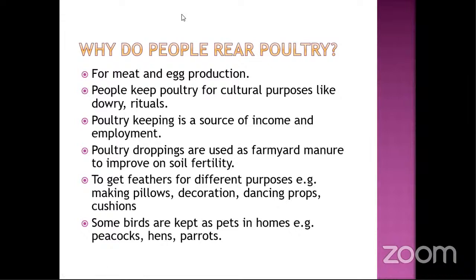So let me give opportunity to different people to tell us what they have already covered. Let's start with Joshua. Yes, Joshua. Okay, as Joshua is organizing, we can start with Nasha.